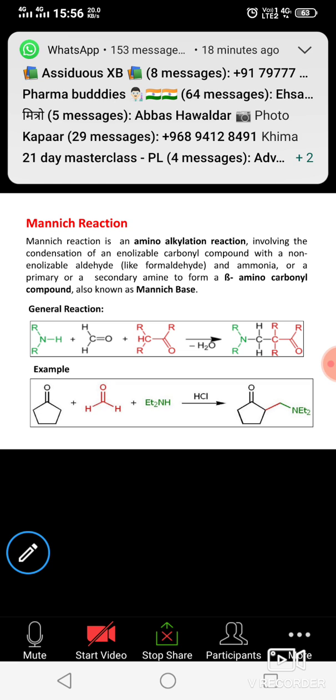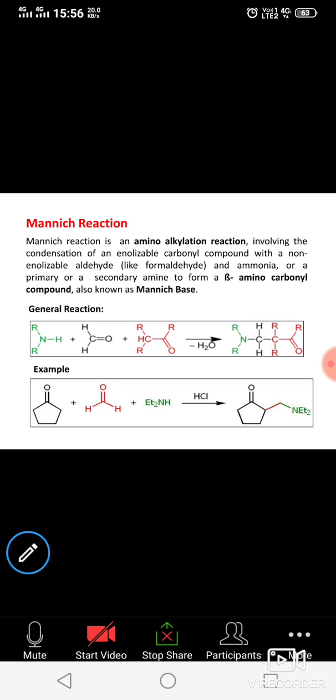So first you should have the enolizable carbonyl compound. Second, you have the non-enolizable aldehyde. Third, you will have ammonia or primary amine or secondary amine.